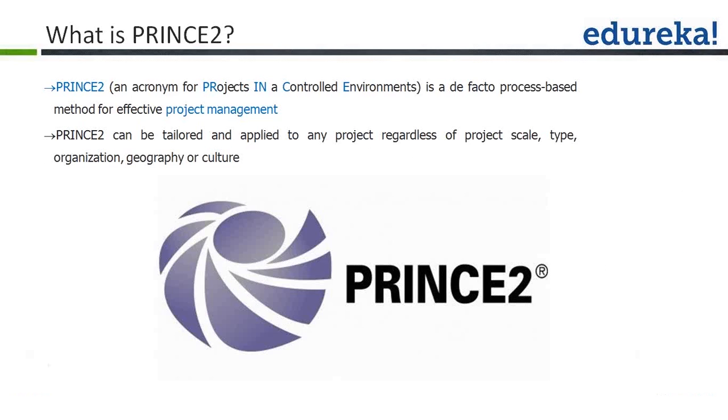Now let's start with the main topic. What is PRINCE2? PRINCE2 is an acronym for Projects in Controlled Environments, and it is a structured project management method based on experience drawn from thousands of projects and from the contribution of countless project sponsors, managers, project teams, and academic trainers.